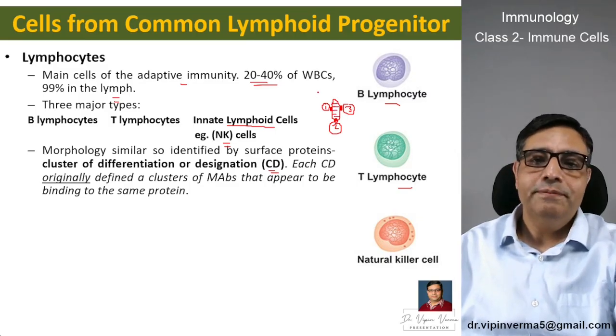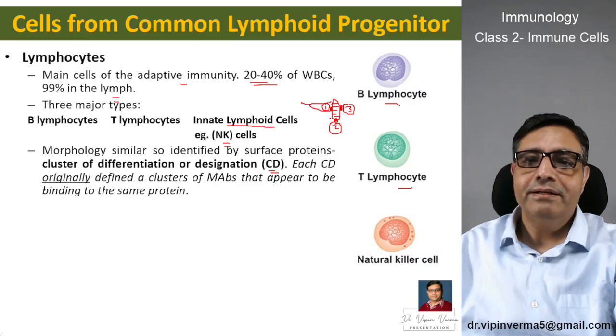Now what happens? We generate the antibodies, and three kinds of antibodies are generated. One will bind here, one here, and one here. So we have a single antigen, but we have three monoclonal antibodies.